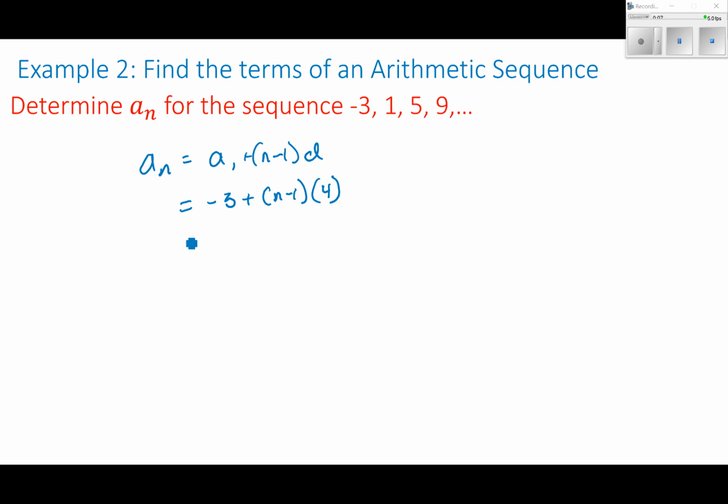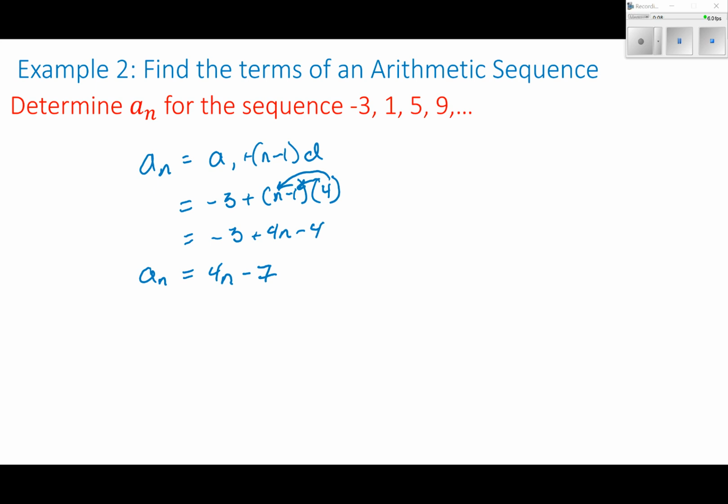I can do some distributing. So this is -3 plus 4n minus 4 when I distribute this into each term. I can combine -3 and -4, and I'm just going to write with the variable first. So my general formula for a sub n is just going to be 4n minus 7.